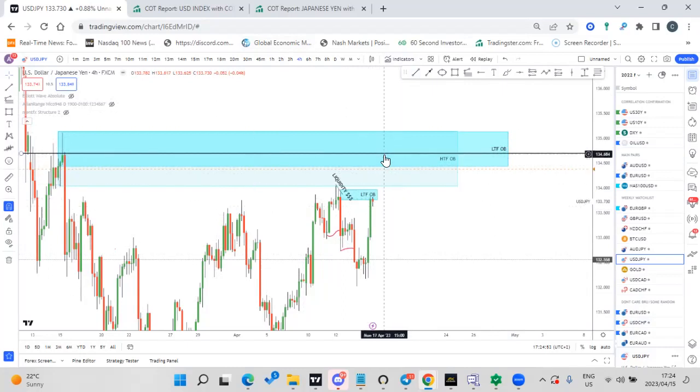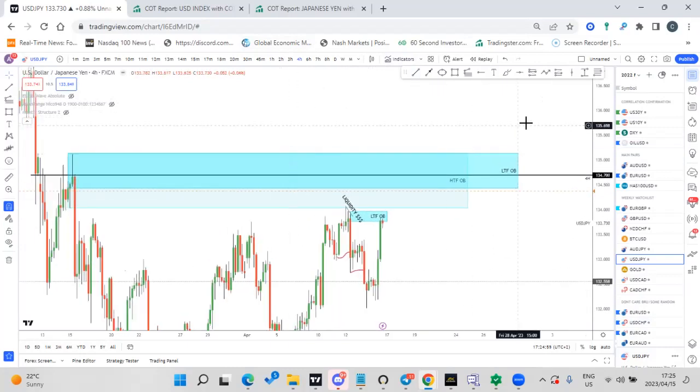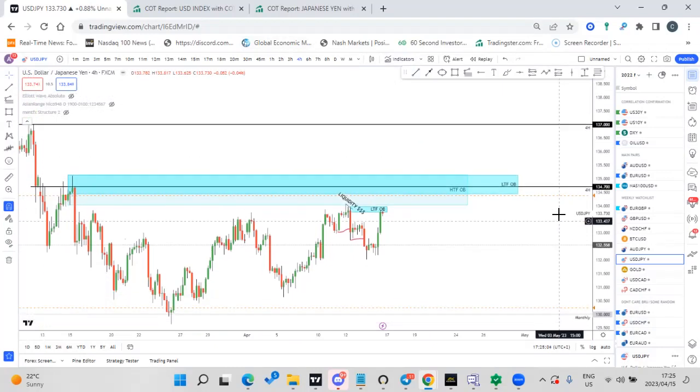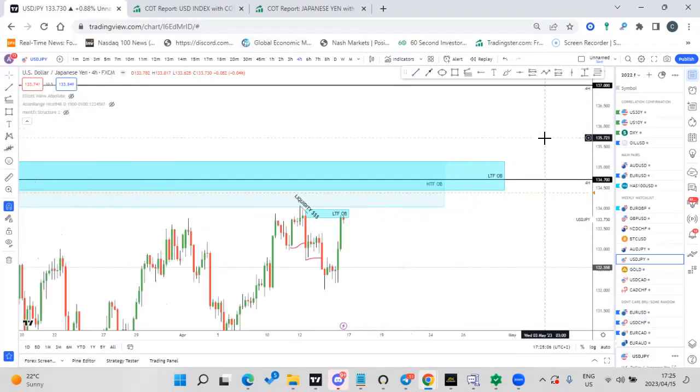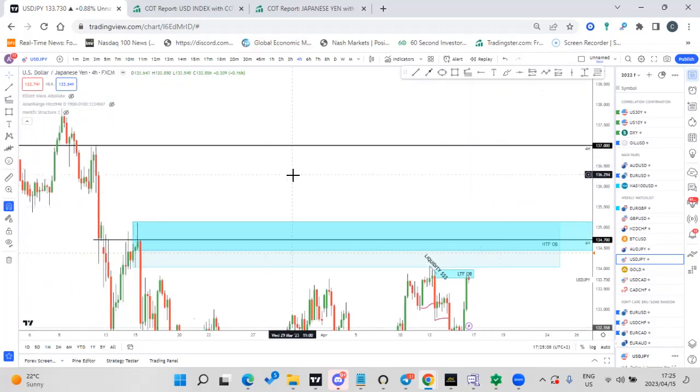If it closes on the 4 hour above this price level, my bias will then be, okay, listen, my short side bias is gone. I'm gonna look for buys.